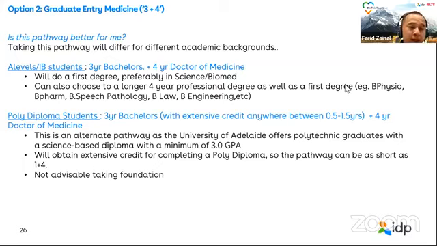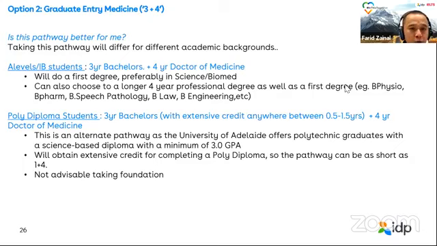So specifically applying to the A-level and IB students, if you would like to do the first 3-year bachelor's followed by the 4-year doctor of medicine, as mentioned, do explore doing a science background or biomedical science.